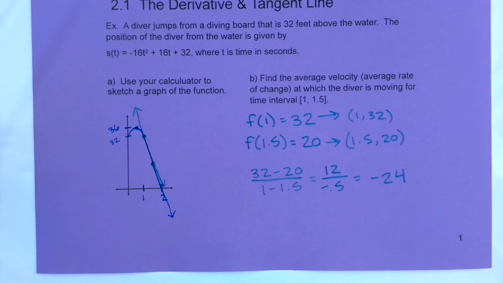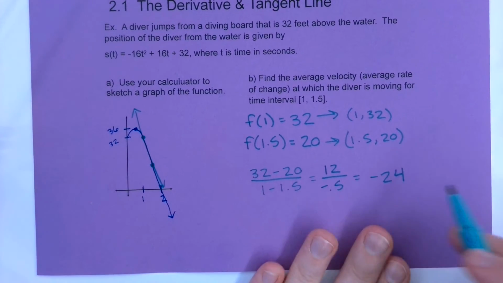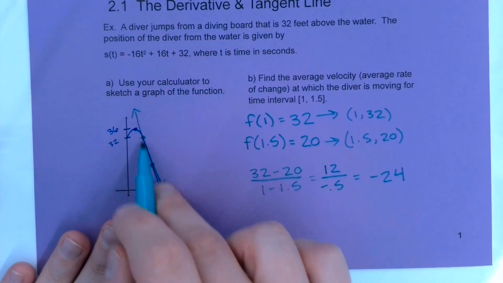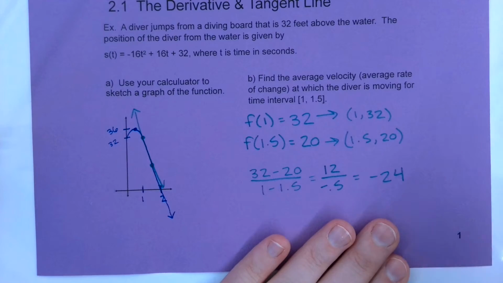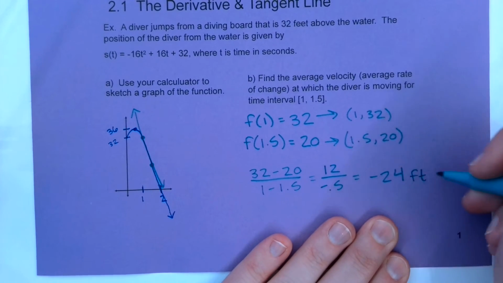He's going down, or she. So since they're falling, and sometimes with velocity, negative will mean left versus right. That'll be our negative and positive. Sometimes our negative and positive is talking about falling versus rising. So this is telling us that this diver over this interval from 1 to 1.5 is falling at a rate of negative 24 feet per second.